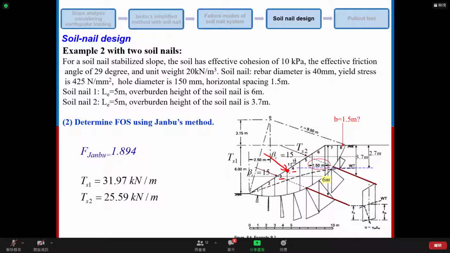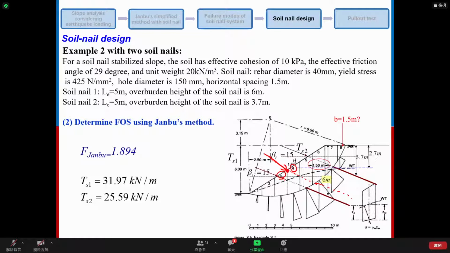Actually no need to do that, because even though the force is applied on this point, the soil nail only contributes to hold slice 4. If we elongate the force along the soil nail direction, all the force actually only contributes to hold slice 4 here, nothing to do with slice 3.